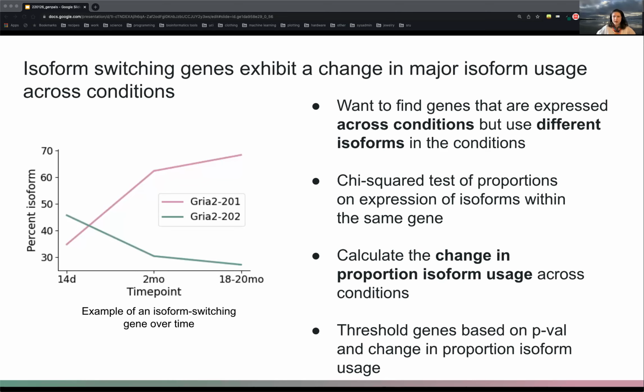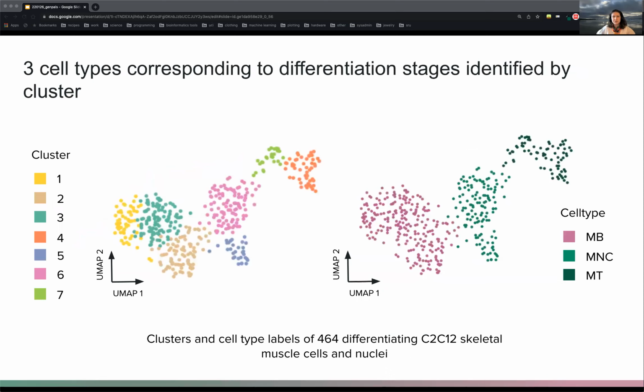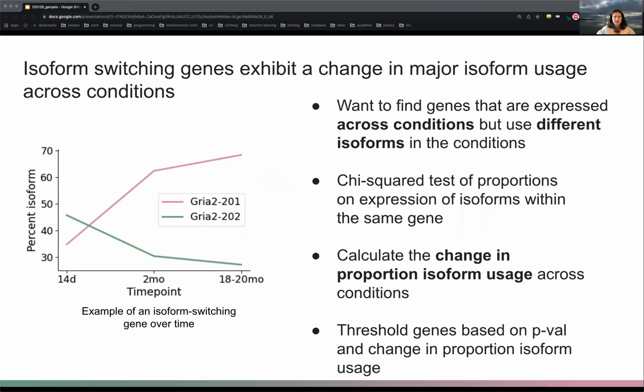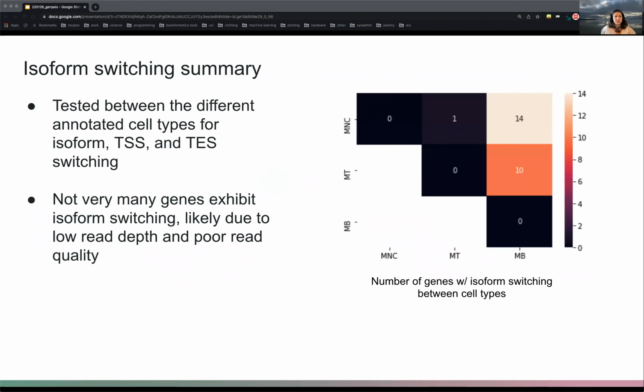Okay, so using our different cell types we identified here, so myoblasts, mononucleated cells, and myotubes, I performed isoform switching testing, TSS switching testing, and TES switching testing between each of these different pairwise comparisons. And here's just an example of how many isoform switching genes I found for each of these different comparisons.